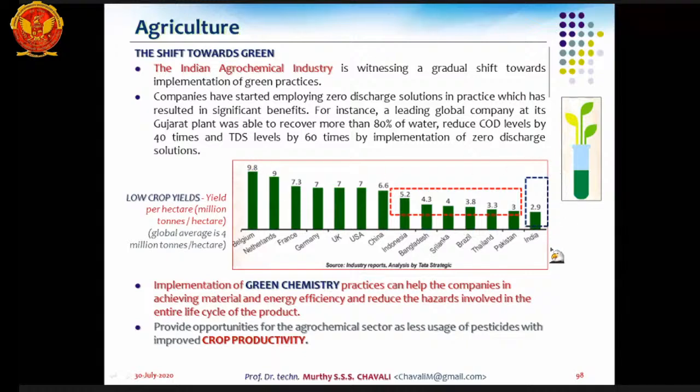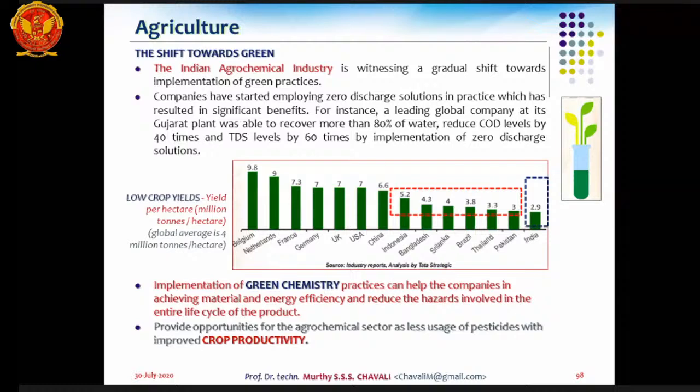Suppose you look at this illustration: you can see small countries like Indonesia, Bangladesh, Sri Lanka, Brazil, and Thailand have higher yield per hectare compared to India, which is at 2.9. ICAR wants to bring it between 6 and 7. So they want to venture into this by having sensors, MEMS, and also green practices.